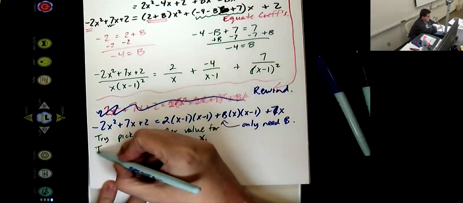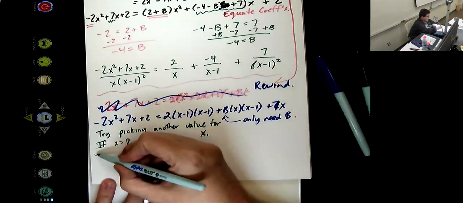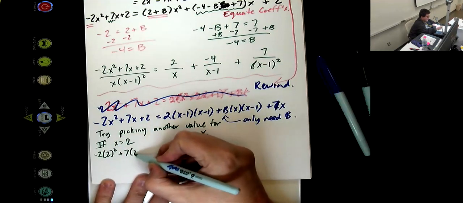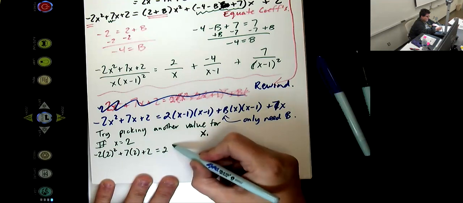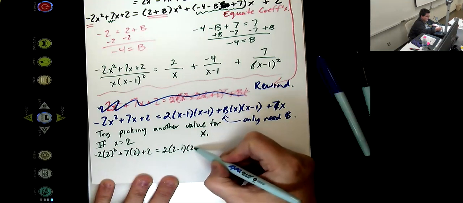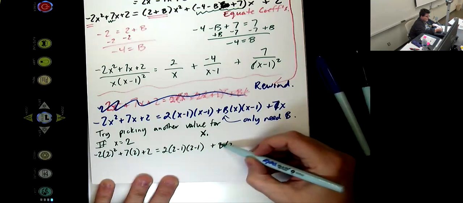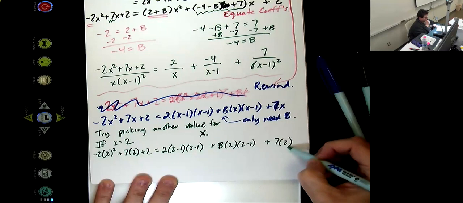If x equals 2, this is -2 times 2 squared plus 7 times 2 plus 2 equals 2 times 2 minus 1 times 2 minus 1 plus b times 2 times 2 minus 1 plus 7 times 2.